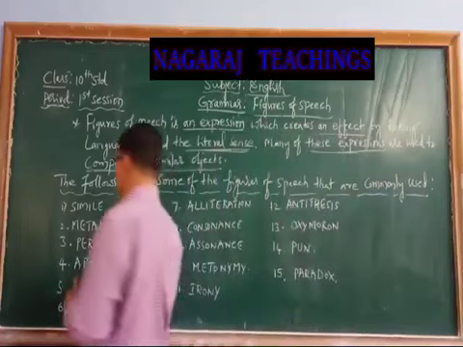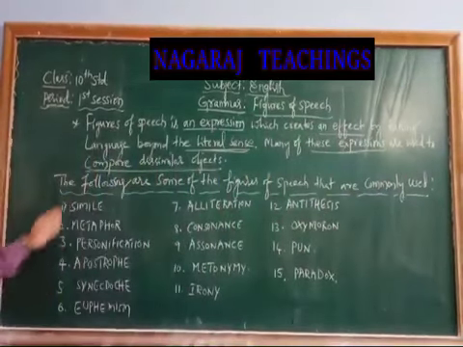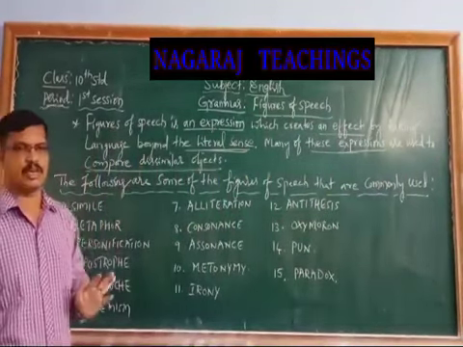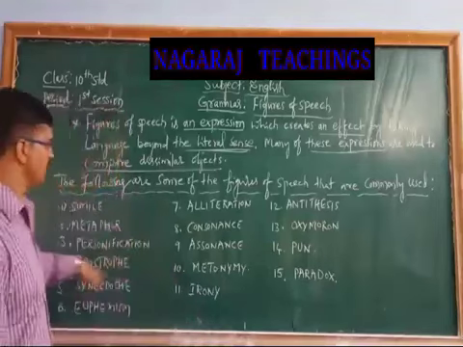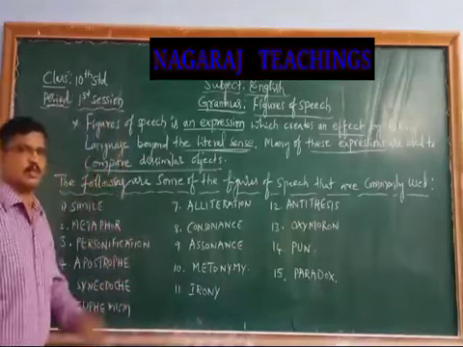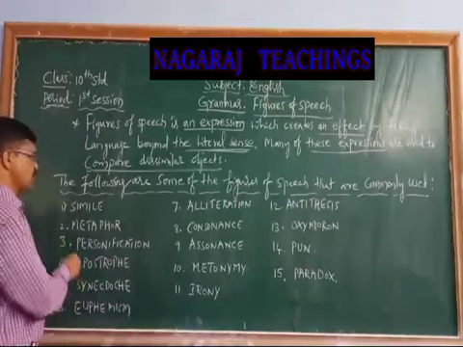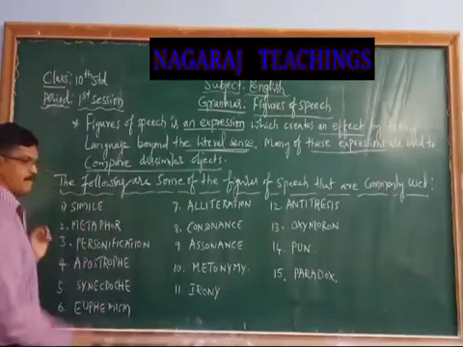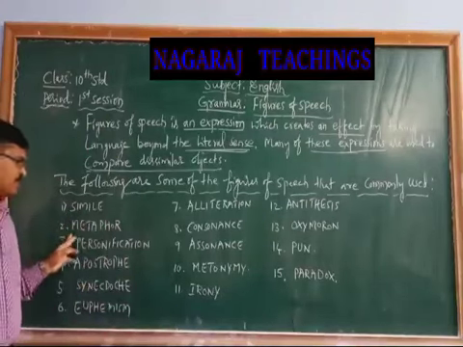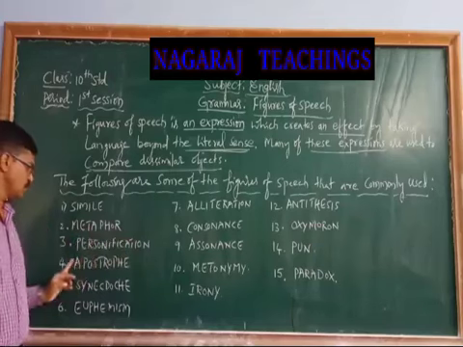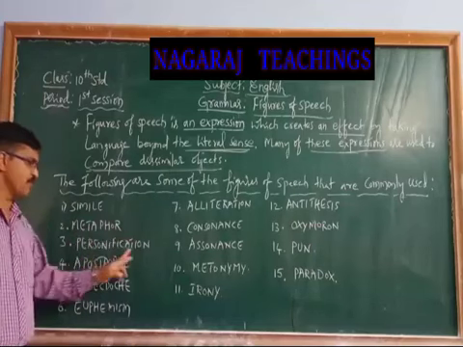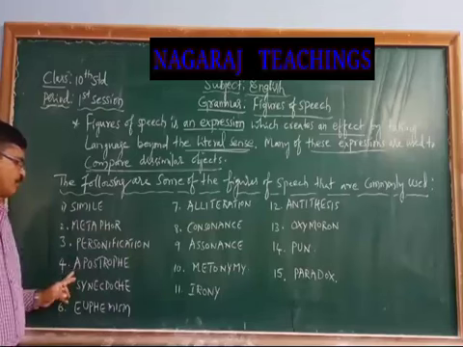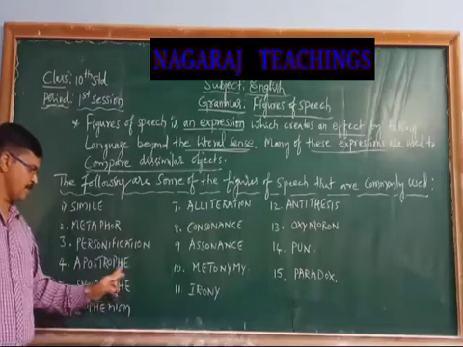Now, one by one, I will say the names of those figures of speech. Just note them down, and later we will discuss them one by one, children. First one, simile. Second, metaphor. Third, personification. Fourth, apostrophe.